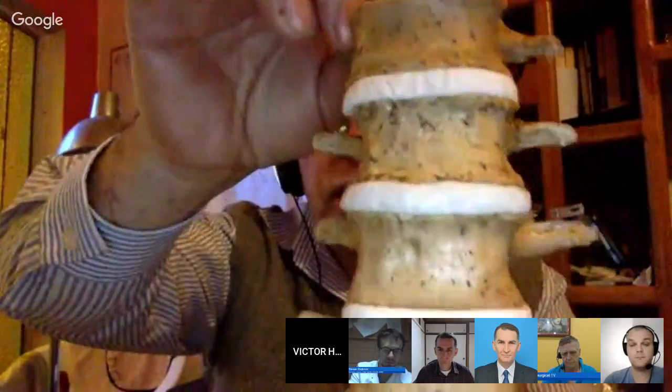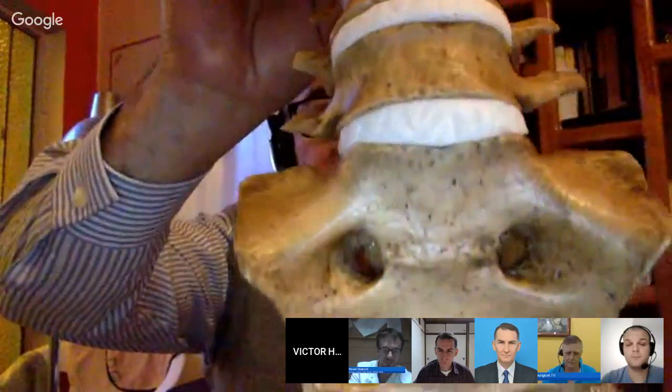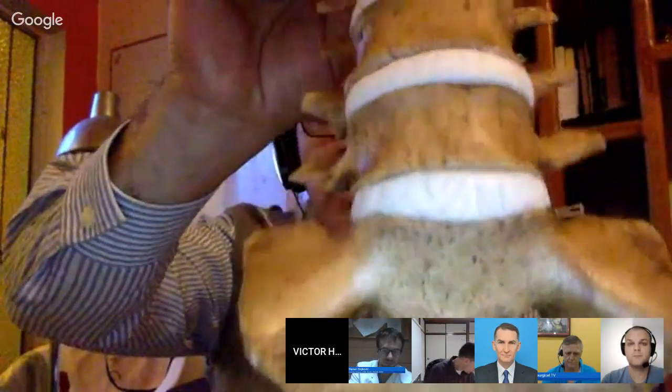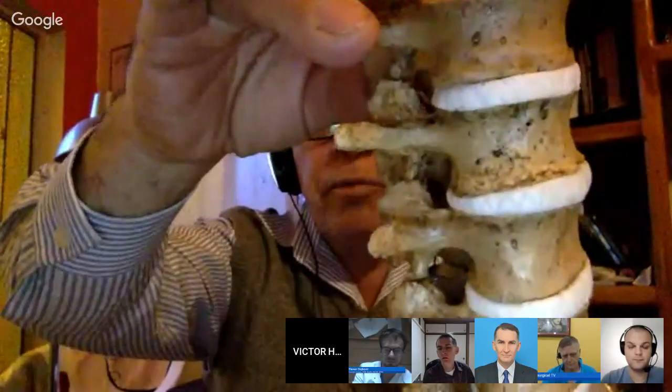So this is a scale model of a lumbosacral spine, and this is very similar to a real one. It's made at a 1:1 scale of a real one. This is very useful to know the points of insertion of a screw.